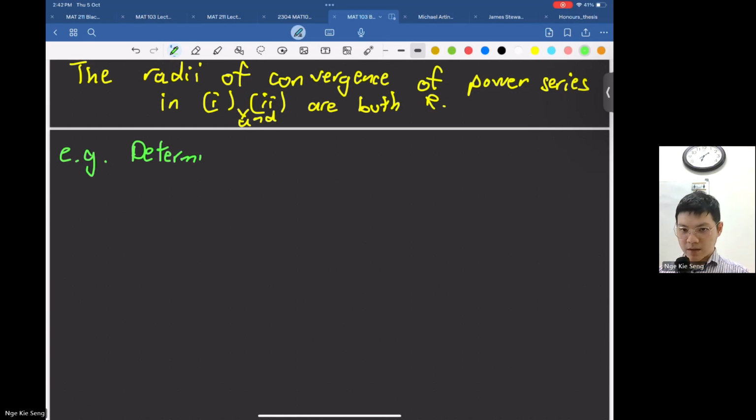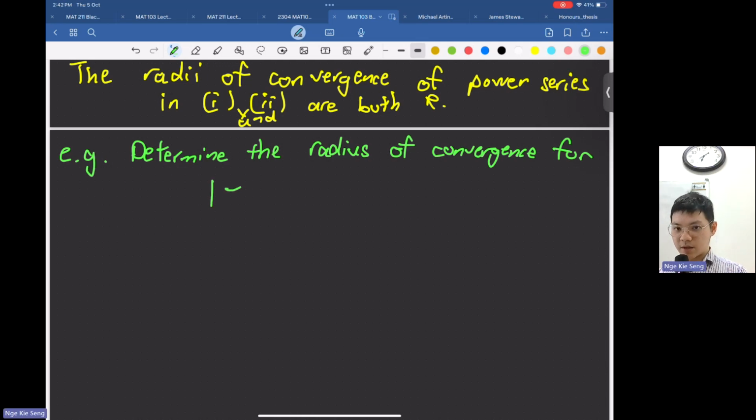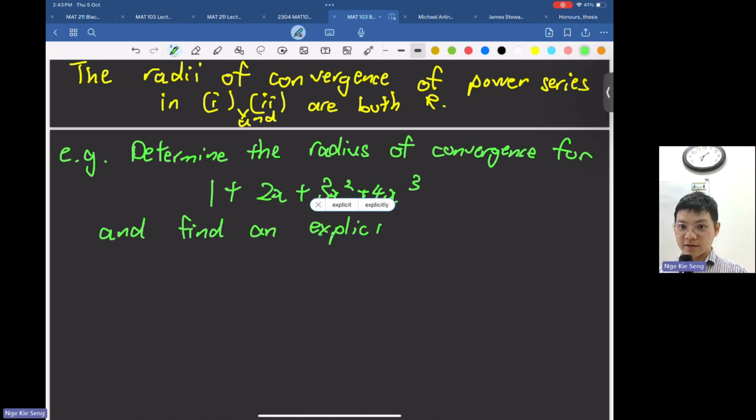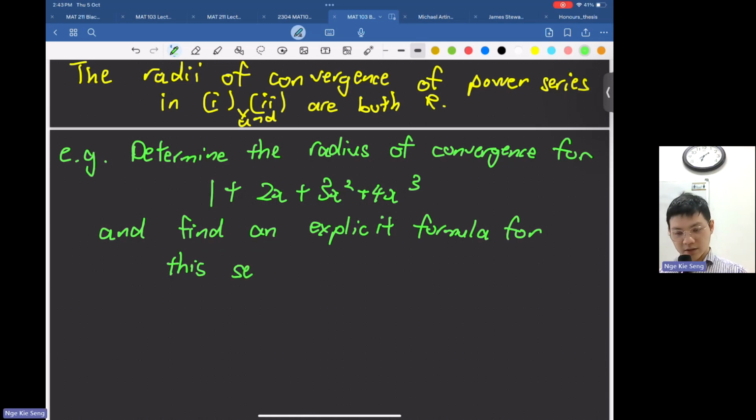Determine the radius of convergence of 1 plus 2x plus 3x squared plus 4x cubed, and then find an explicit formula of the series when it converges, meaning find the closed form of this function.